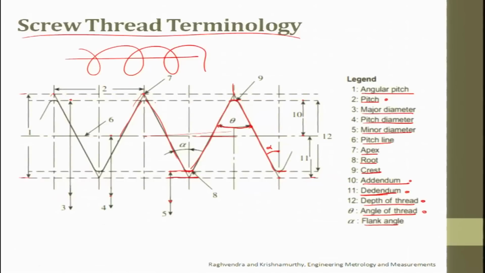If you go back and see, alpha is the flank angle. So, this is the fundamental triangle, this is the original surface. If you draw an imaginary perpendicular with respect to this, the angle is called the flank angle.